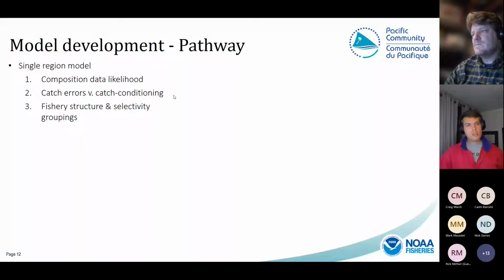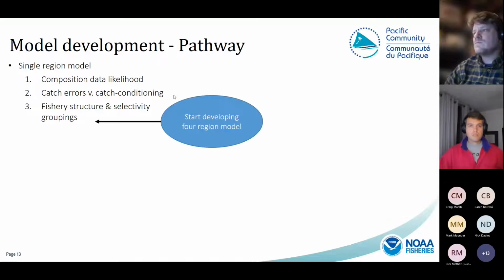It's a MultiFan-specific thing, but we looked at the structure for the catches, whether it was a catch errors formulation that has typically been used for MultiFan-CL or a catch conditioned approach, where those independent fishing mortality parameters aren't being estimated as parameters, they're being calculated internally. Also how to look at the fishery structure and selectivity groupings.